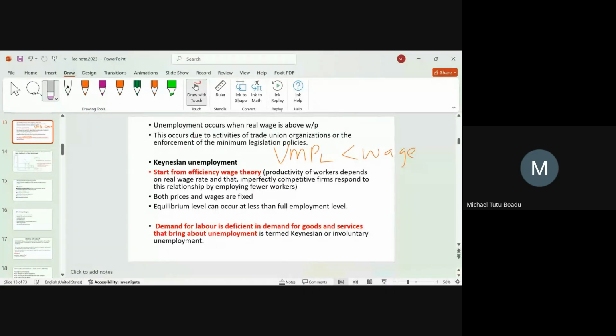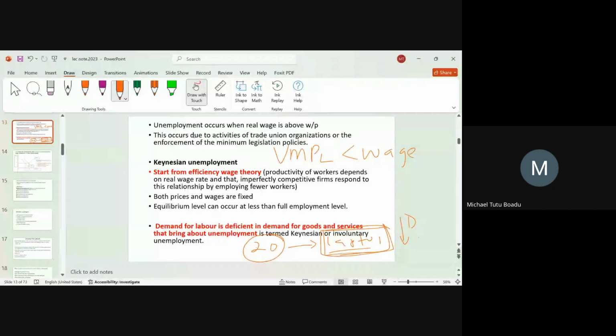So for example, if you have employed 20 of us and you are using us to produce laptops, and demand for laptops is falling, then you cannot produce more laptops, and therefore you are likely to lay some of us off.